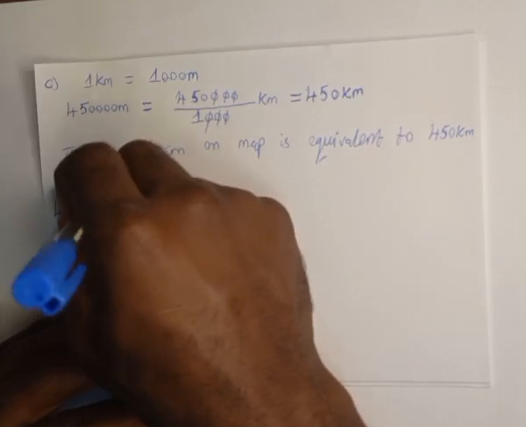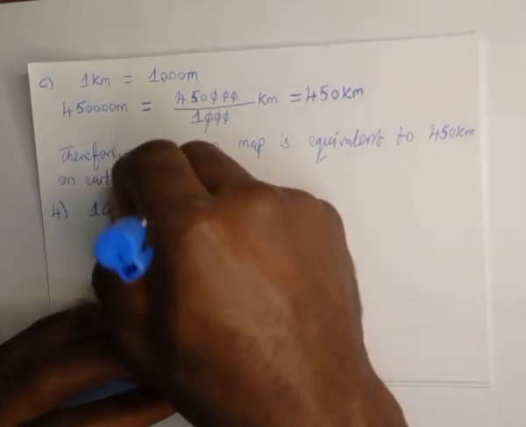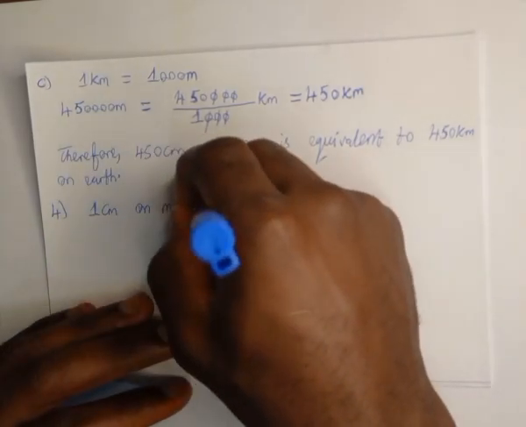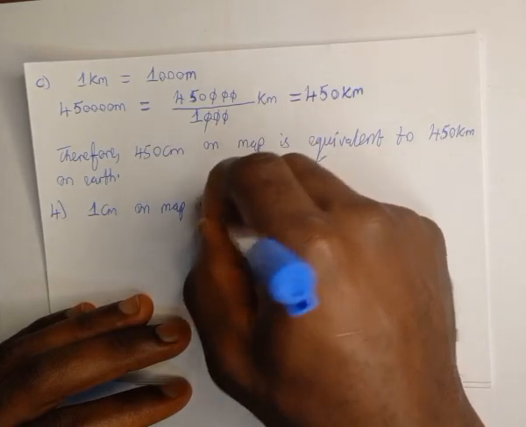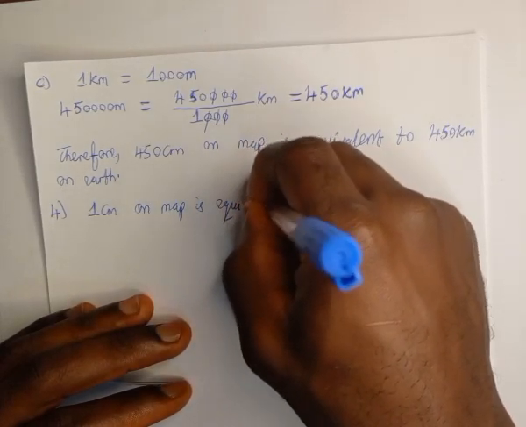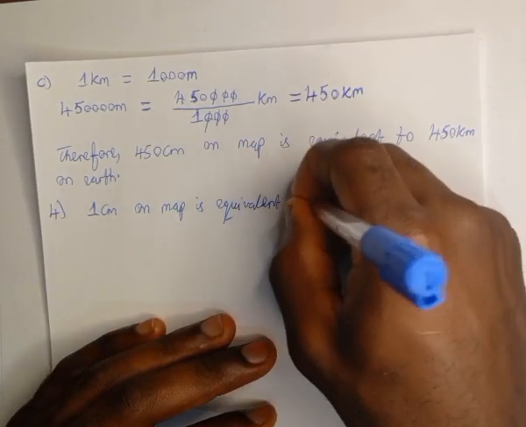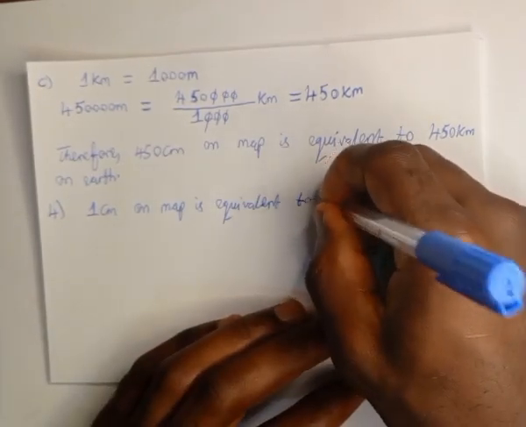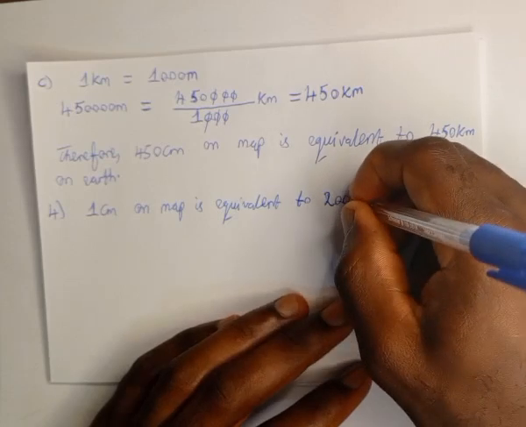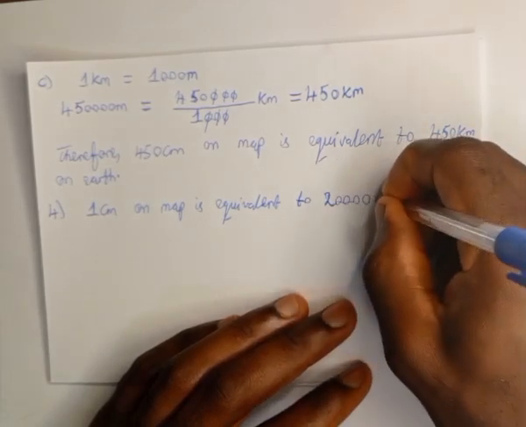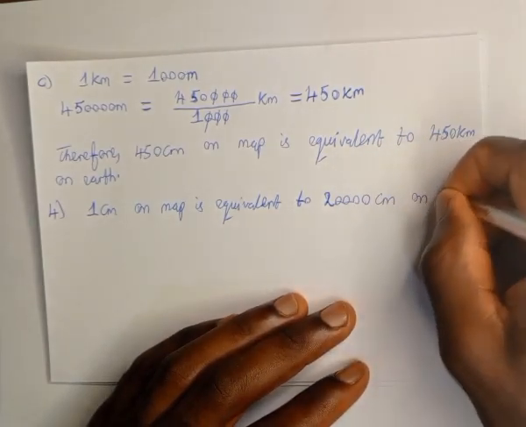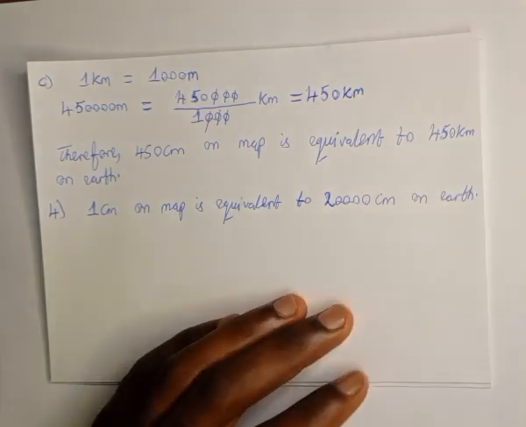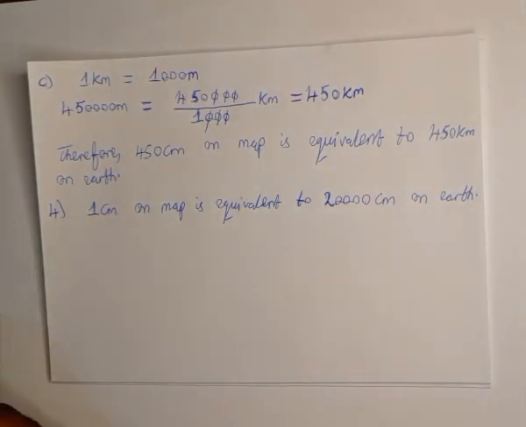The scale we have for 1 centimeter on map is equivalent to 20,000 centimeters on Earth. Now they are asking us, what does 16 centimeters squared represent on Earth?